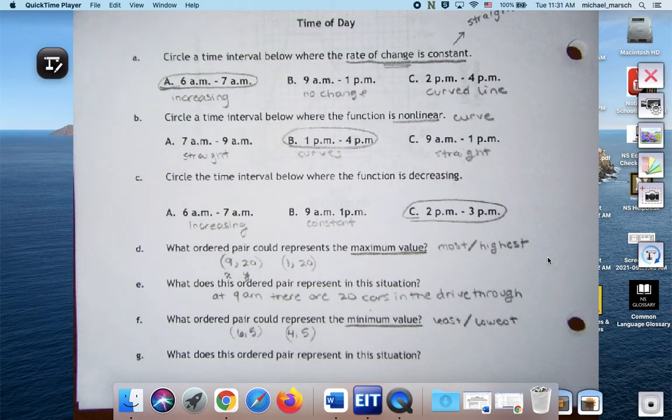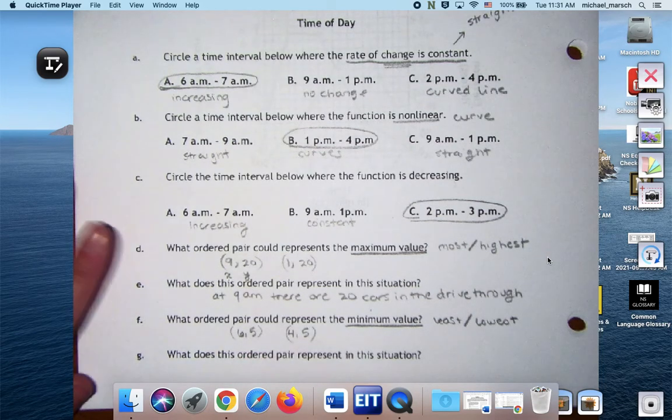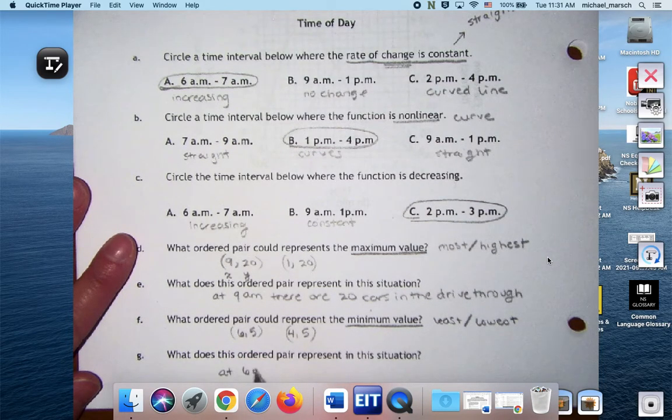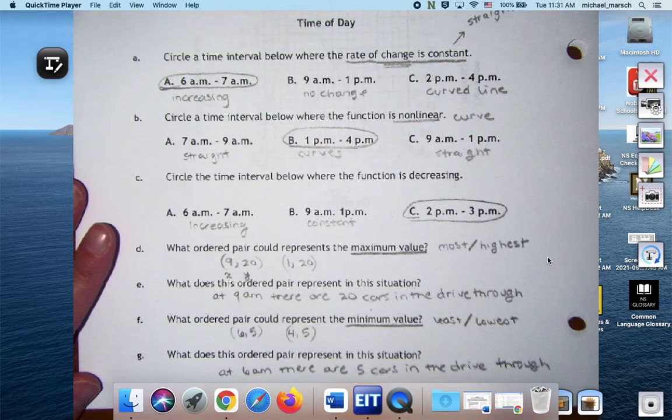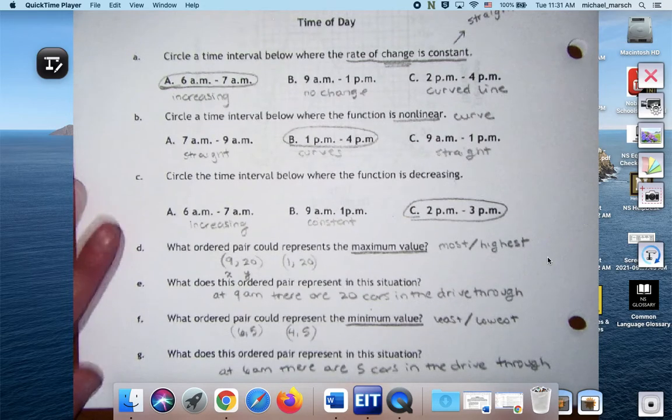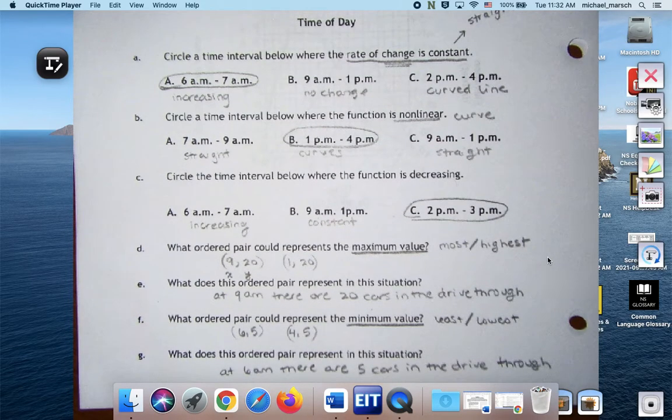What does it mean in this situation? So what does the 6 and the 5 represent here in this ordered pair? Perfect. Yep. At 6 a.m. there are 5 cars. Or at 4 p.m. there are 5 cars.